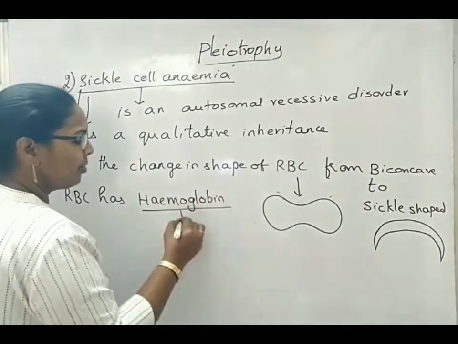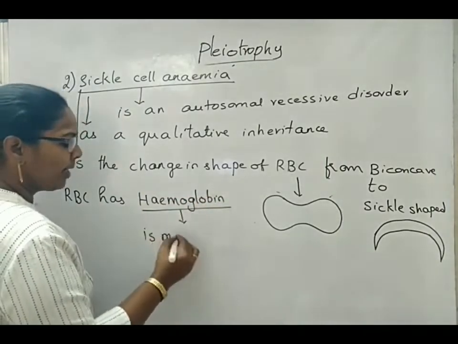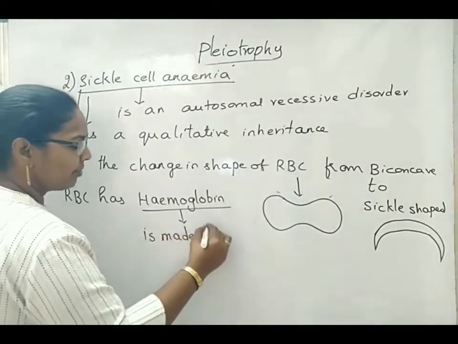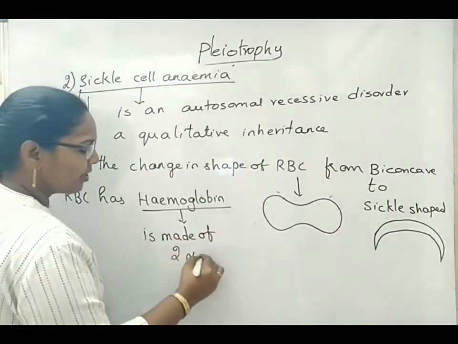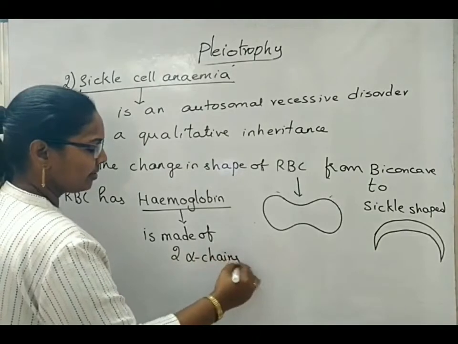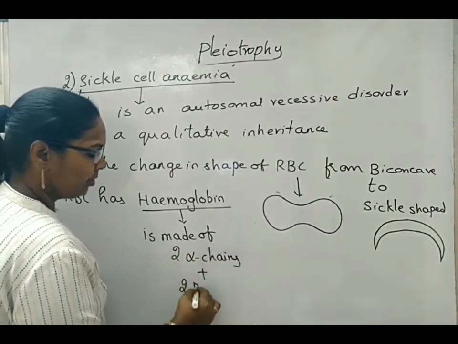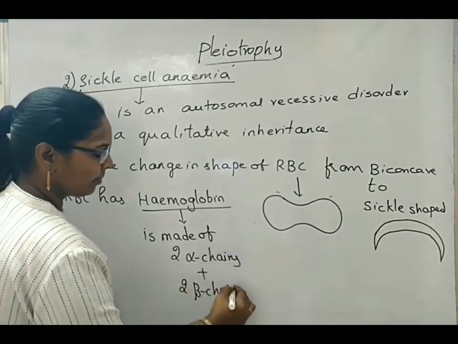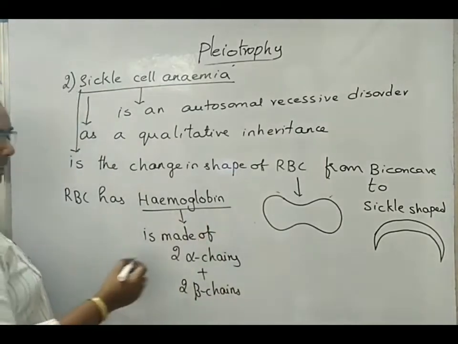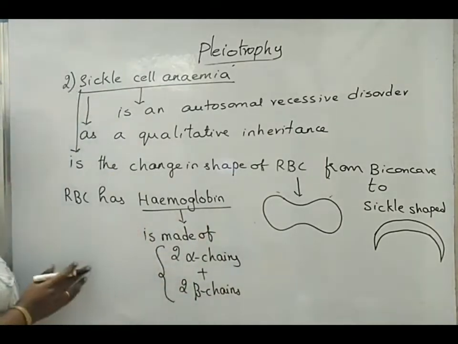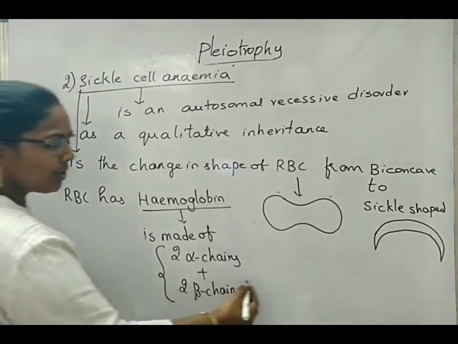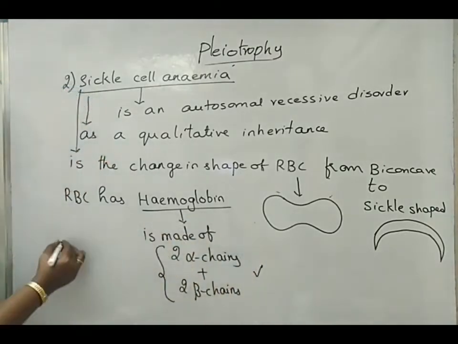Now, hemoglobin is biochemically made of 2 alpha chains and 2 beta chains. When we read about the quaternary structure of protein, we read this as an example.